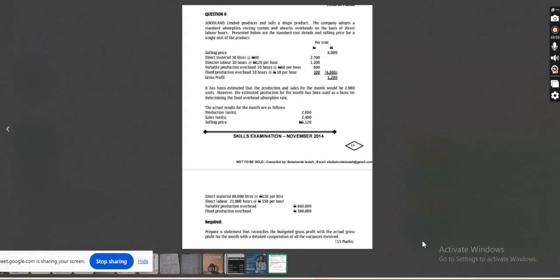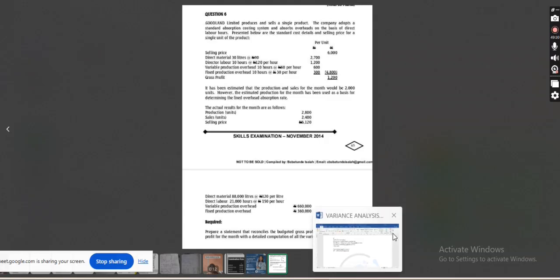Definitely, you need to start with budgeted gross profit or actual gross profit, whichever one you want to start with. Since the question states budgeted gross profit, we need to start with budgeted gross profit, although the question is based on the absorption costing approach.